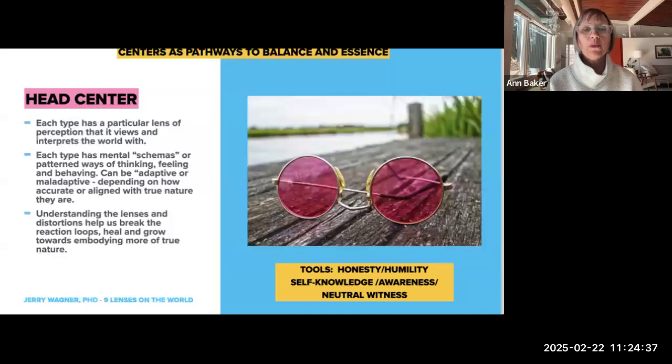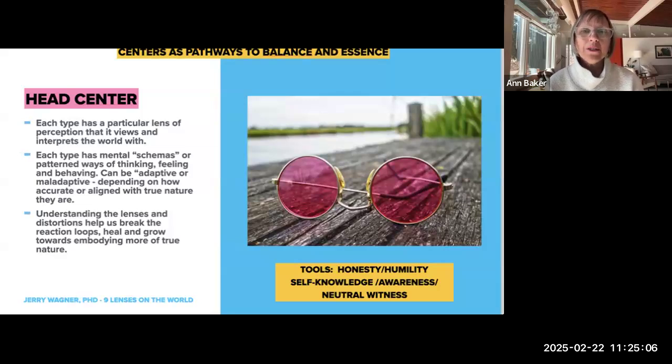So each type views the world and interprets the world from a certain mental perspective. My teacher, Jerry Wagner, called these schemas, patterned ways of thinking, feeling, and behaving. And these patterned ways that we've taken on can be either adaptive or maladaptive. So they can be healthy or not so healthy, depending on how accurate or aligned they are with truth.